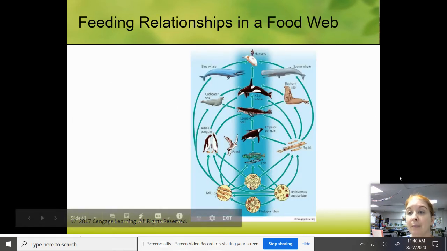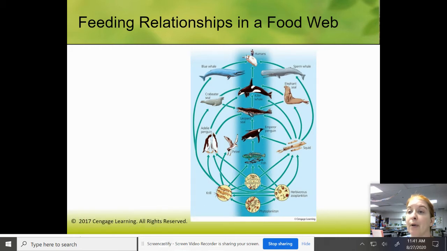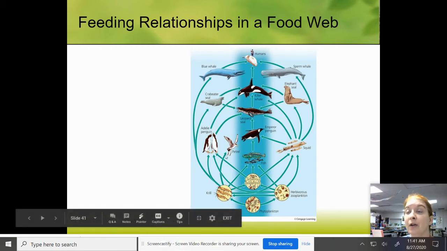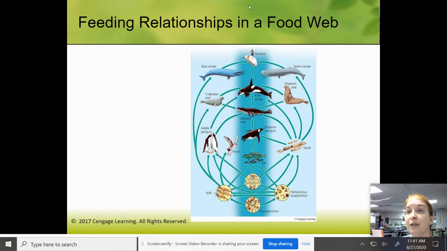A food web is way more complex. Here we have our phytoplankton, which is our version of plants in the ocean, that are eaten by herbivorous zooplankton and krill, that are then eaten by carnivorous zooplankton, squid, fish, petrels, different birds and mammals, and then humans are way up at the top. But notice that depending on how you go through these, you can be on different levels.